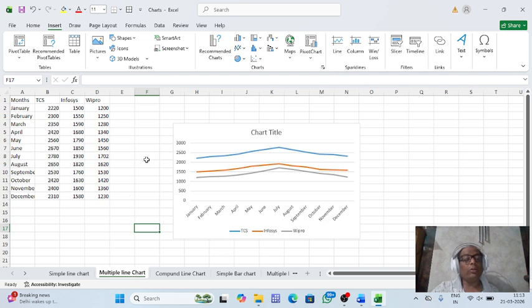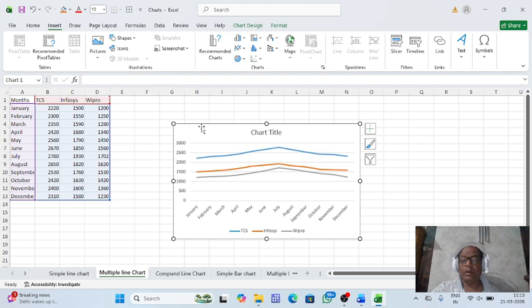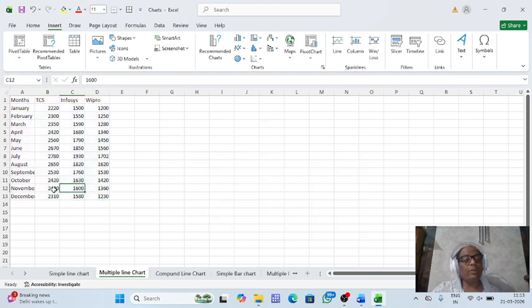Here again we are having a multiple line chart. In the multiple line chart, we have January to December share prices of TCS, Infosys, and Wipro. From the data it is quite evident that TCS share price is higher than Infosys, and Infosys share price is higher than Wipro.